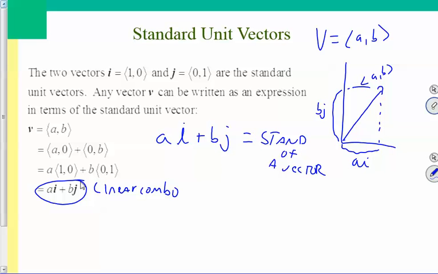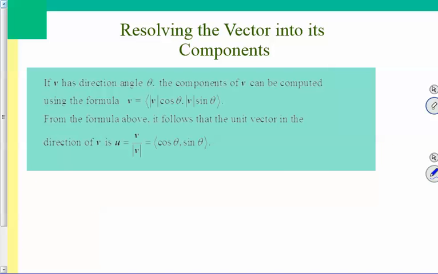The next thing we're going to talk about is resolving the vector into components. If v has magnitude and direction angle theta, the components of v can be computed using the formula v equals the magnitude times the cosine of theta, comma, the magnitude of the vector times the sine of theta.